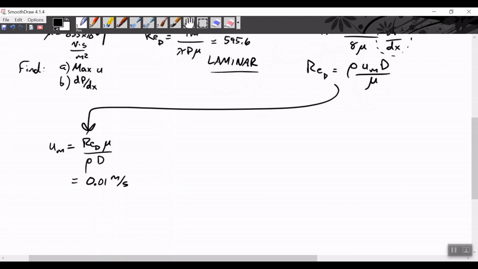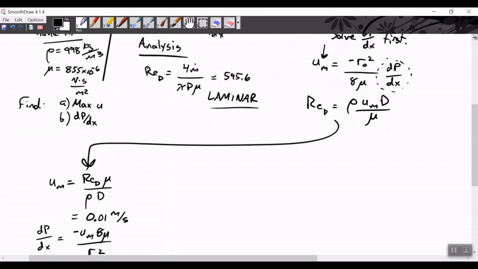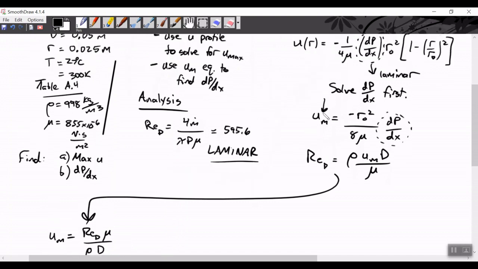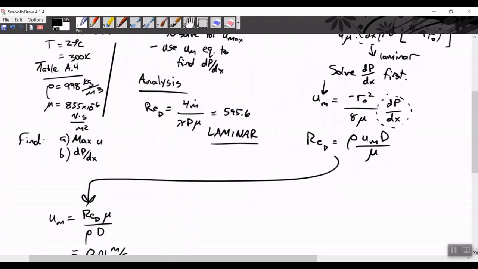Okay, so now we go back to our equation we were looking at before, and we rearrange it. dp dx equals minus 8 times viscosity times the mean velocity over r naught squared. And just so we're clear, that is coming from this equation right here. We've rearranged it to get dp dx by itself.